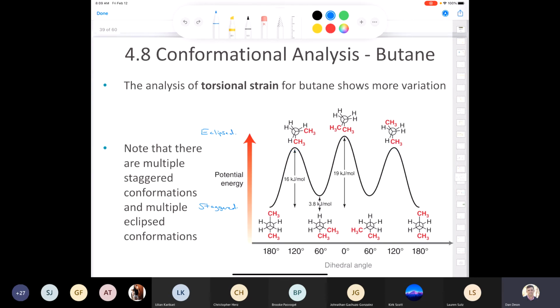The same thing applies for the staggered conformations. You see that you have this one, which is the same as this one, anyhow, which are lower energy than these two right here. There's got to be a reason for that. Well, when you analyze it, just by looking at the conformational analysis, I think it's pretty clear. But in case it's not, let me show you using a model.